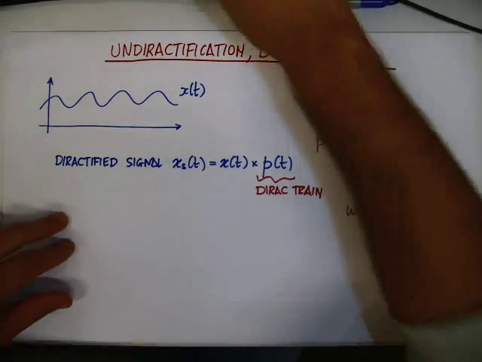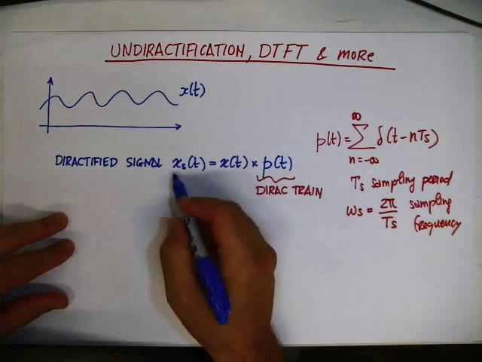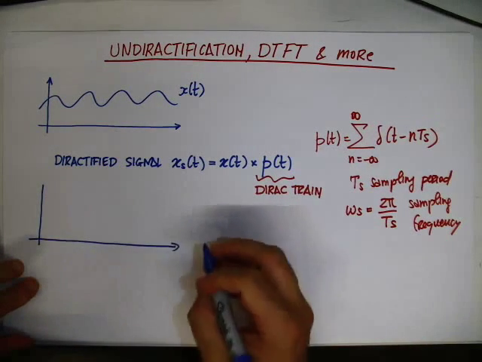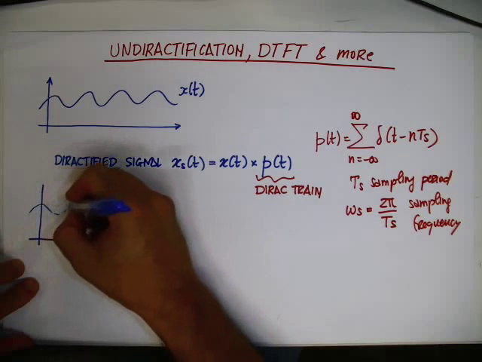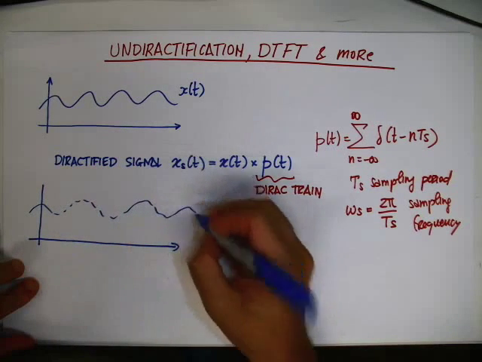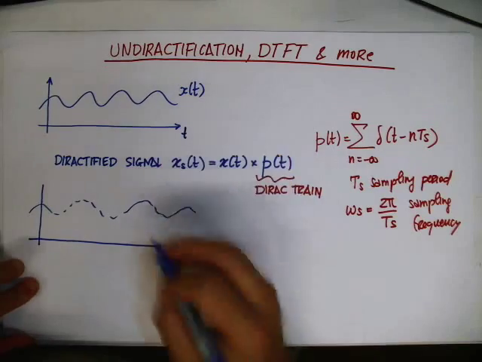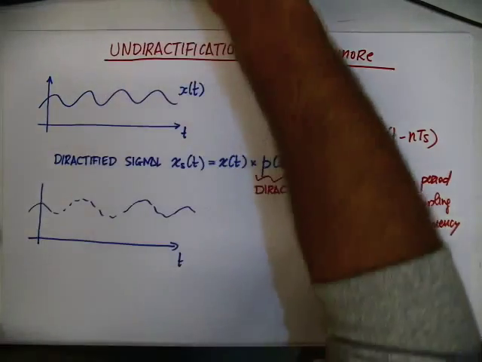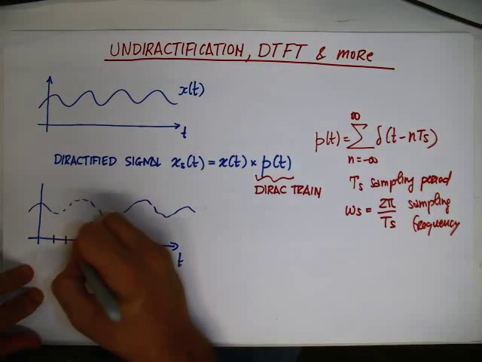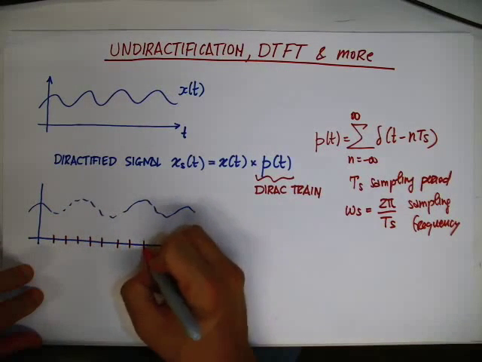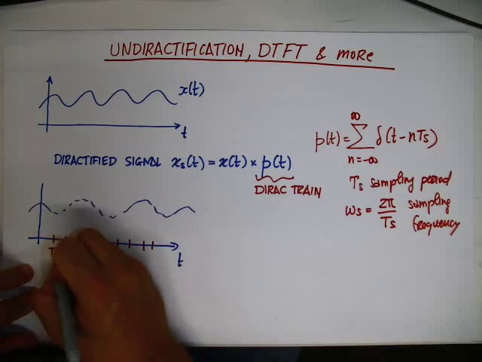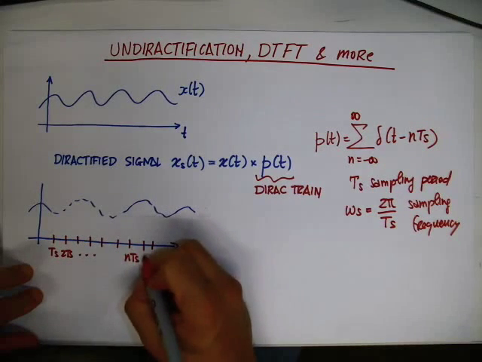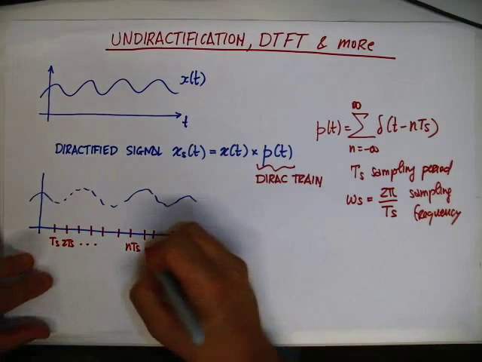And we know that when we do this multiplication, the signal that we get is simply given by a bunch of deltas which are sampled every ts seconds.